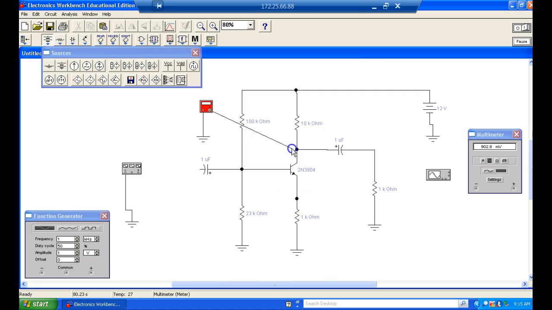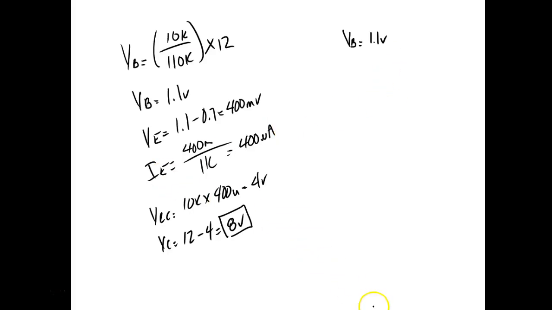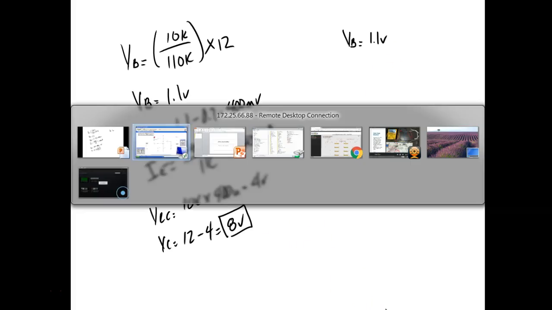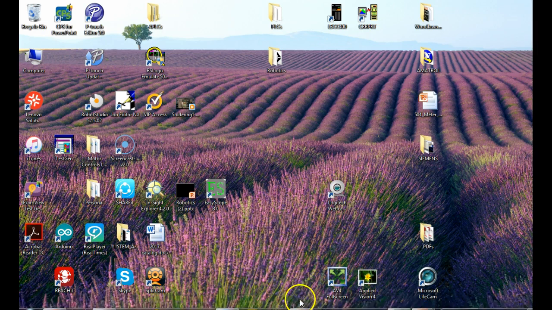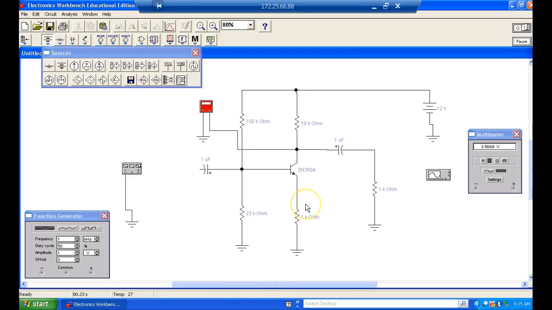This guy is sitting at 3.5 volts. What's that? Okay. This guy right here could be wrong. Okay, then it is wrong.